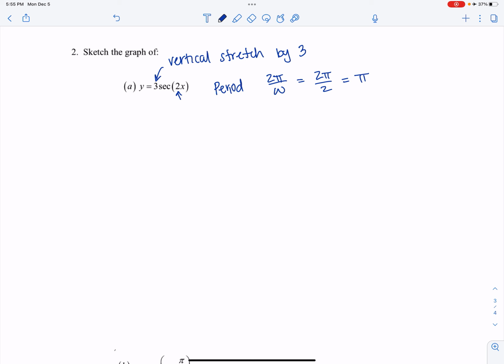Now, what do we know about secant that can help us? Well, we know that secant is 1 over cosine. And I'm going to rewrite this as 3 over cosine of 2x.